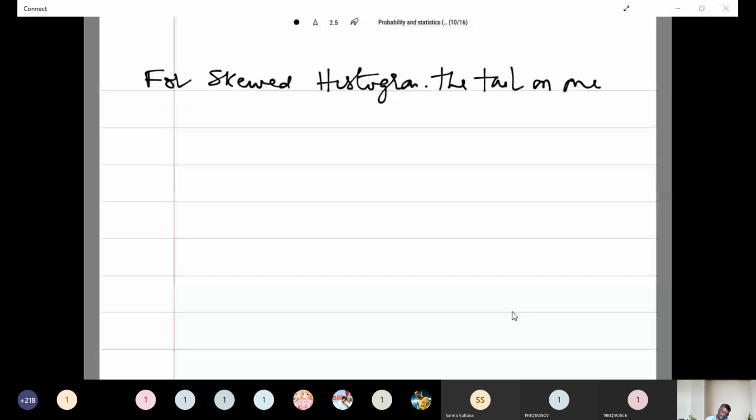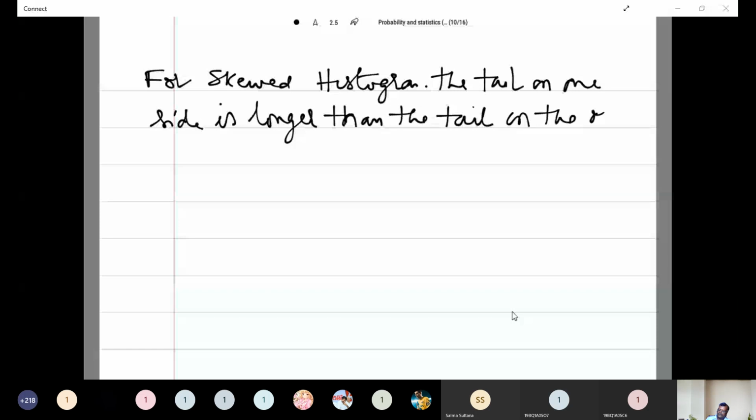For a skewed histogram, the tail on one side is longer than the tail on the other side.